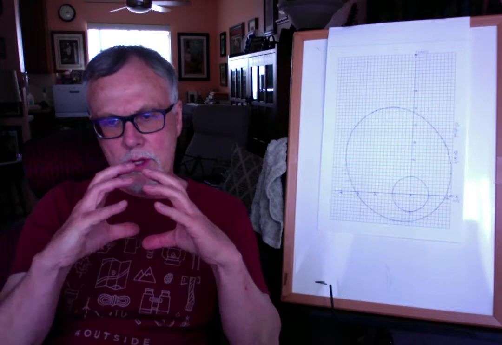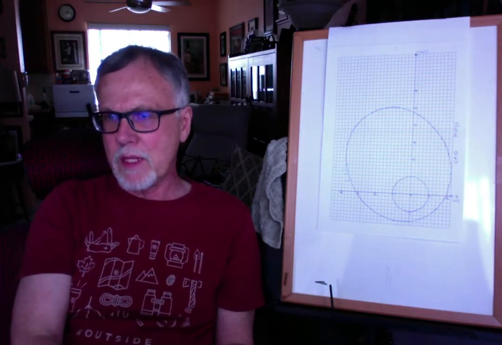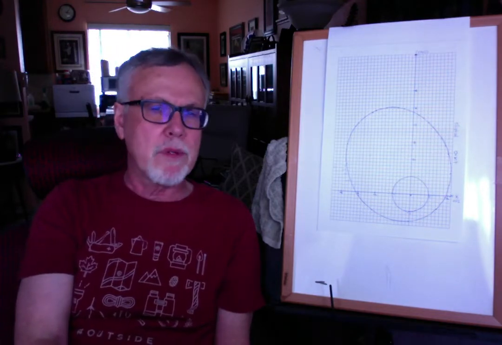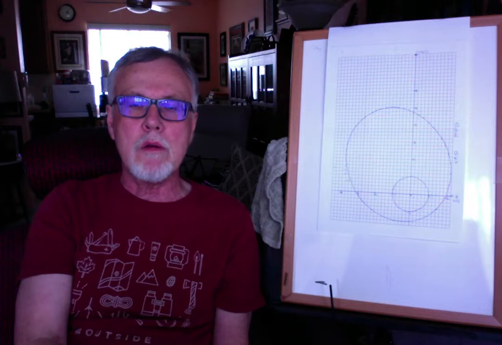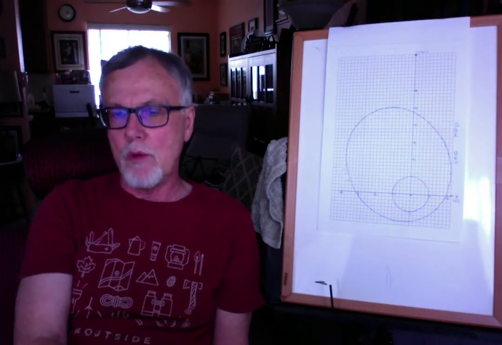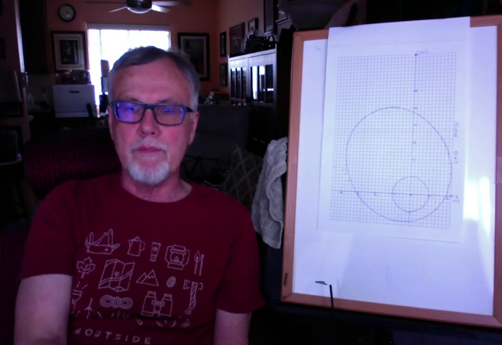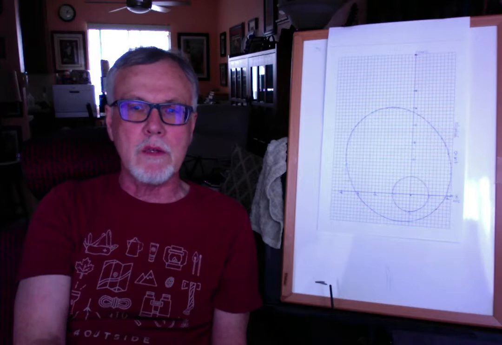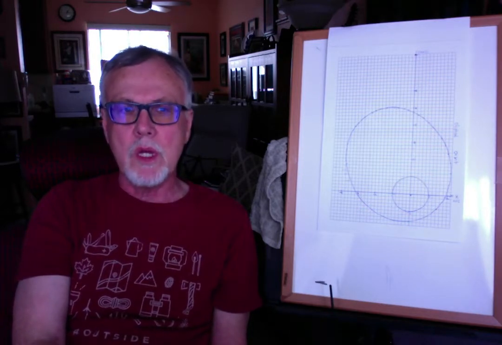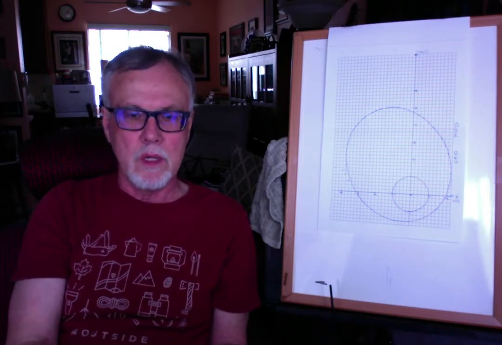So if the Earth is in the center of things and the planets moved around us according to those ancient models, they should be able to make a prediction on where the planet will be in a month's time when you see it tonight. And so you look in a month's time, and if that planet happens to be where you predicted it to be, then that model would be good. And guess what? It wasn't the case. It wasn't that great a model.